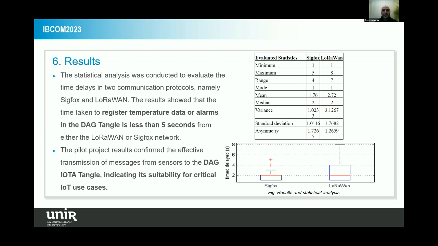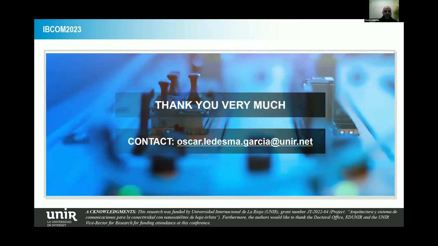So we are analyzing the use of satellite connectivity for these use cases, and also for critical IoT use cases. We are working on this research with satellite connectivity.